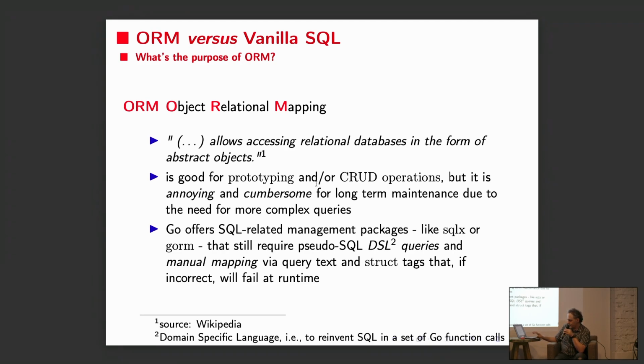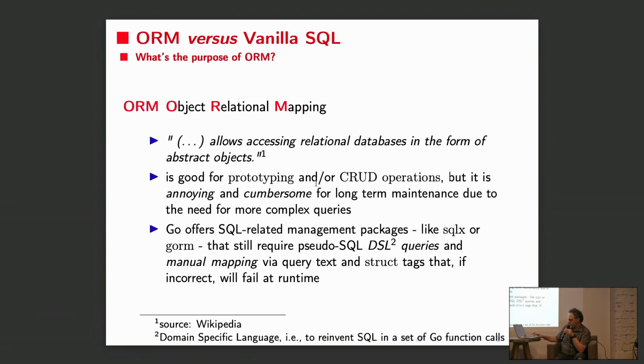And then Go offers SQL-related management packages. We will see some of them. And it still requires a pseudo SQL DSL, which means domain-specific language, which means reinventing SQL in a set of Go function calls.